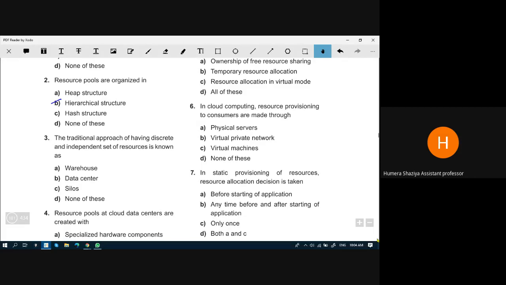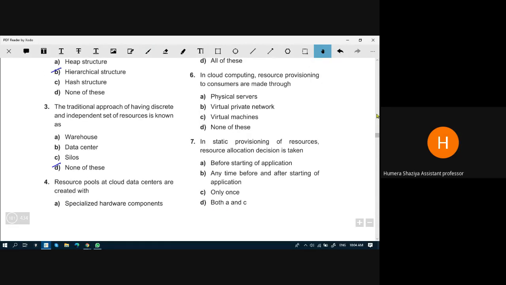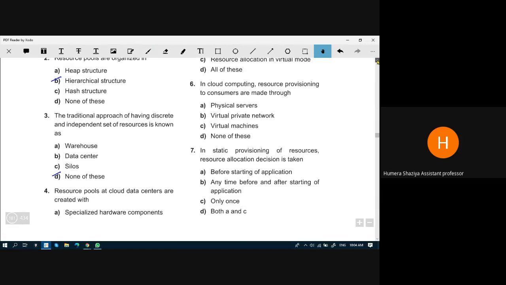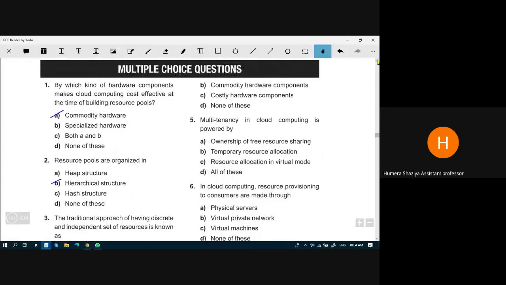I think none of this. Resource pools at cloud data centers are created with commodity hardware components. Multi-tenancy in cloud computing is powered by ownership of free resource sharing, temporary resource allocation in virtual mode, so all of these.